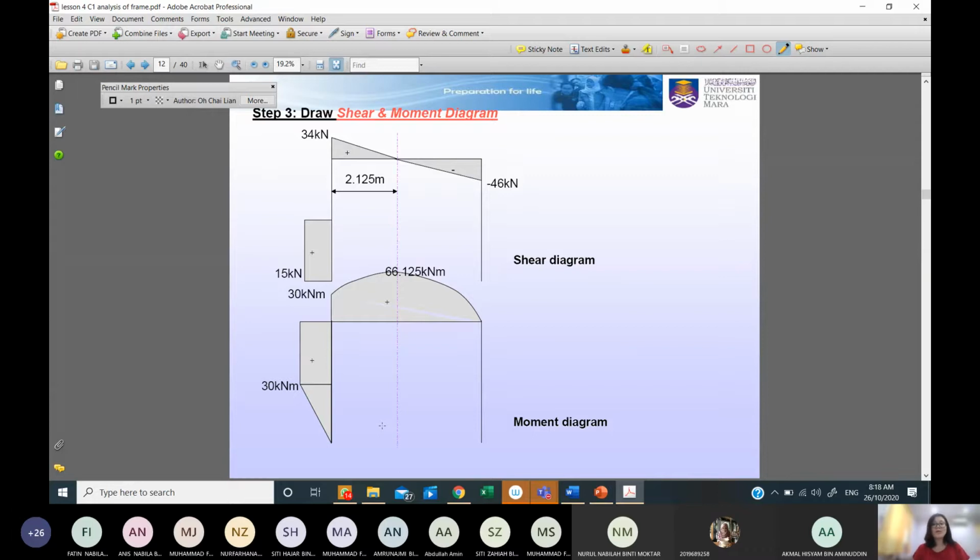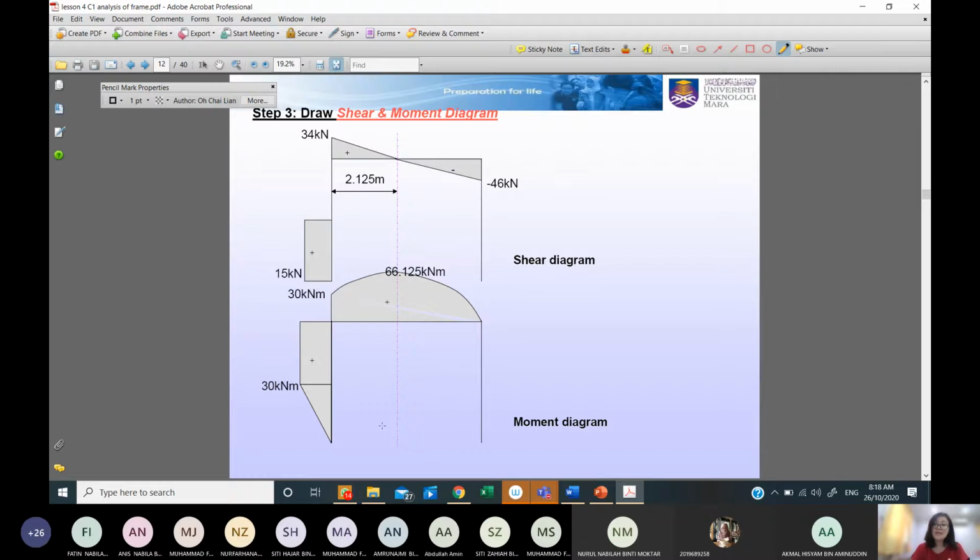But this week we are going to go further. Besides wanting to know about these internal forces for our design, we also need to limit our structure with certain deflection. We do not want this structure to deflect so much that it is uncomfortable, or it may result in a failure of the structure.